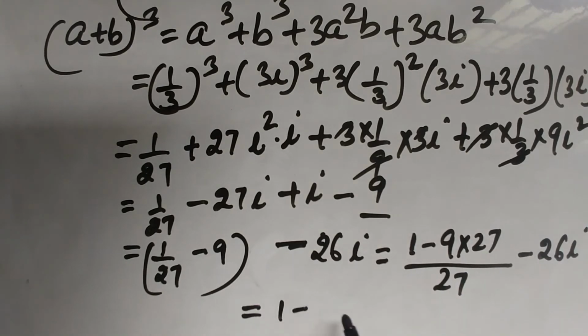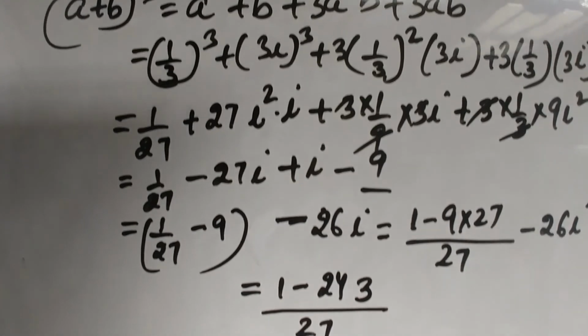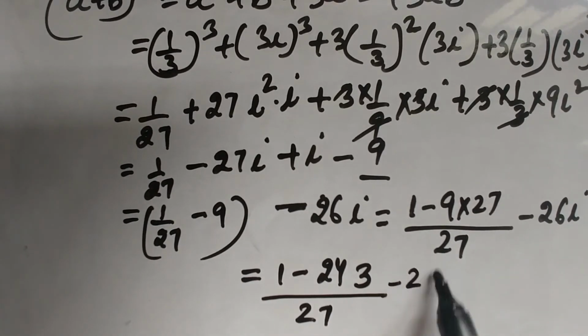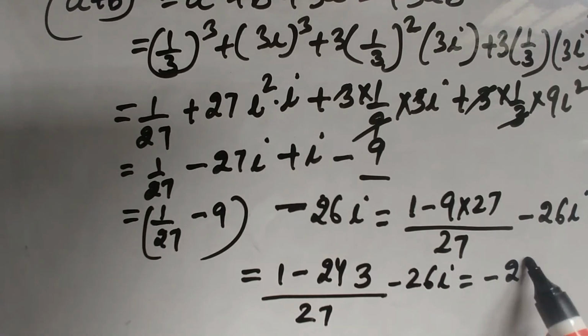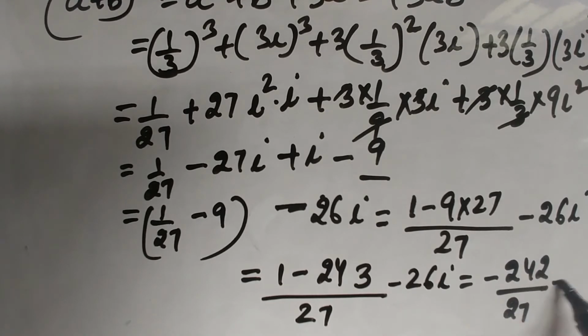So it is 1 minus 243 by 27, minus 26 iota. So it will become minus 242 divided by 27, minus 26 iota. So this is your required answer of this question: minus 242 by 27 minus 26 iota.